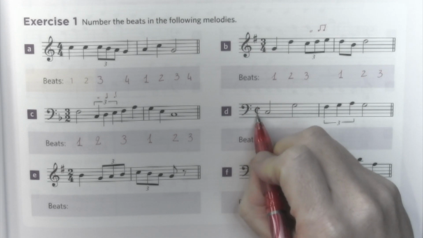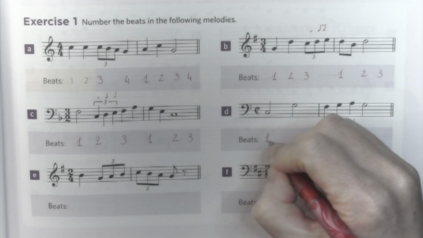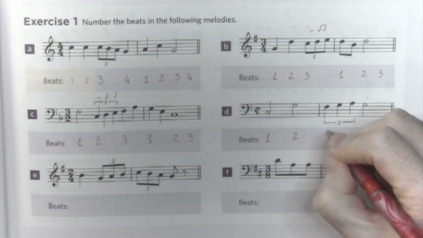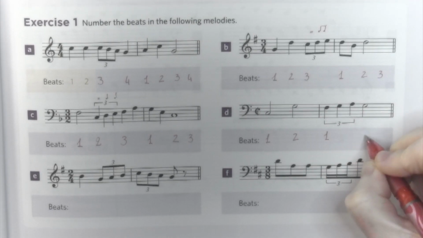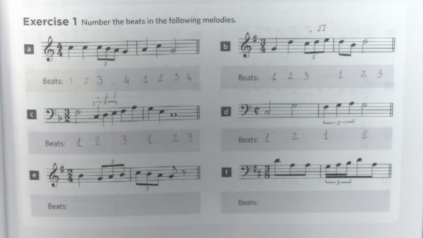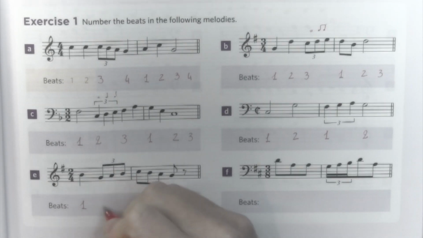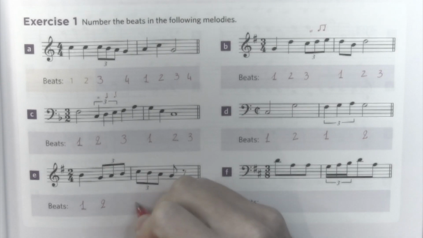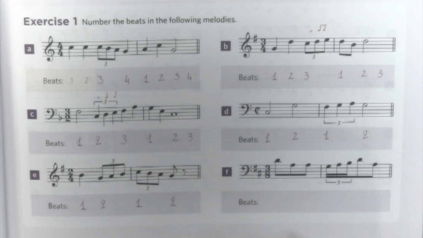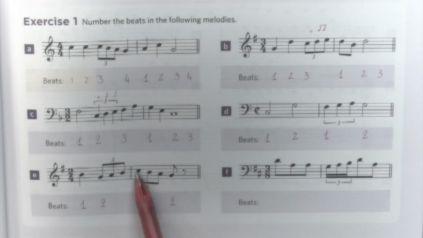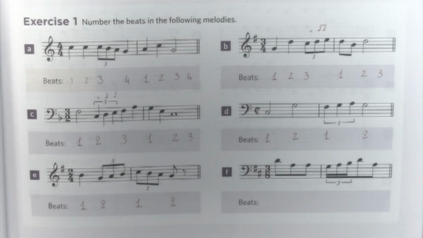2 halves means 2 minims, 1 and 2. 1 all together and 2. In 2/4 we have 2 crotchets, so that is 1 and 2, 1 and 2. This counts as a crotchet and another crotchet.